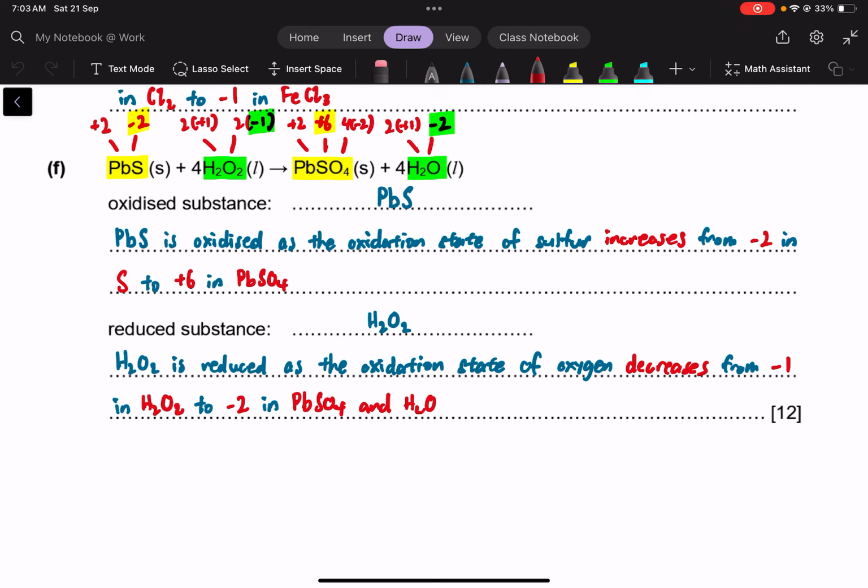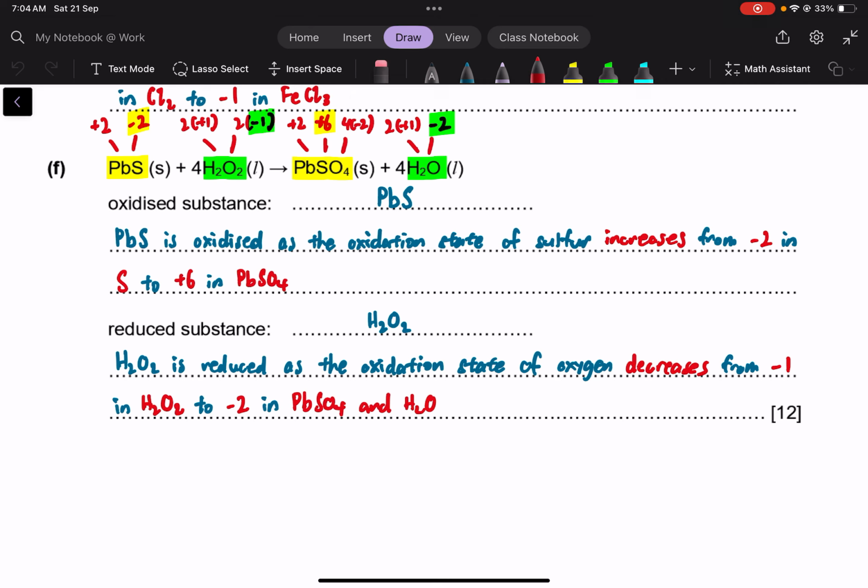Because in lead-2 sulfate, the sulfate ion, sulfur has an oxidation state of +6 and oxygen will have oxidation state of -2. So how do we justify that lead-2 sulfide has been oxidized? If you realize, the oxidation state of lead is +2 in both cases. So in this case, we cannot use lead as the reference point to justify the oxidation.